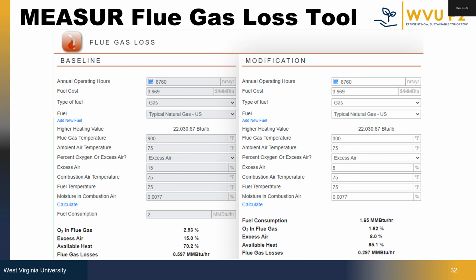So if you look at the example above, the results show how reducing the excess air in the scenario from 15% to 8% would impact the efficiency. So we can see the amount of flue gas losses and compare them.